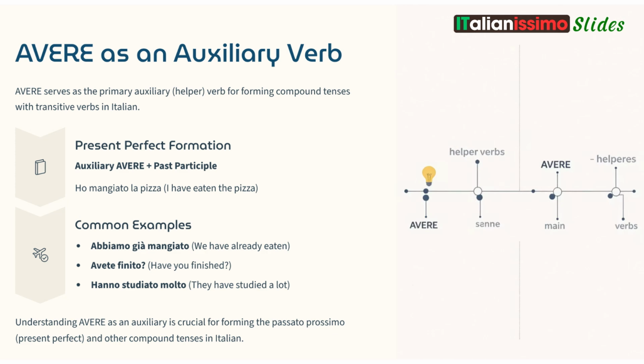Common examples. Abbiamo già mangiato. We have already eaten. Avete finito? Have you finished? Hanno studiato molto. They have studied much. Understanding avere as an auxiliary is crucial for forming the passato prossimo, present perfect, and other compound tenses.